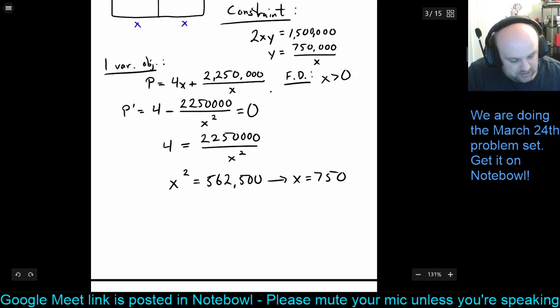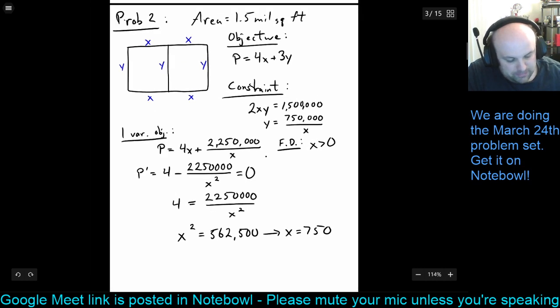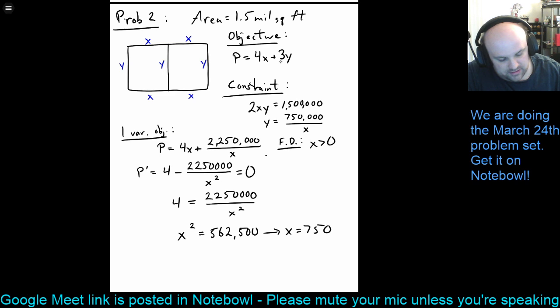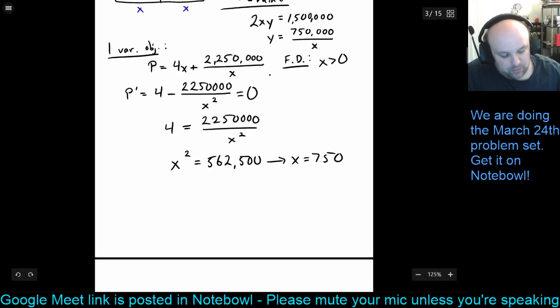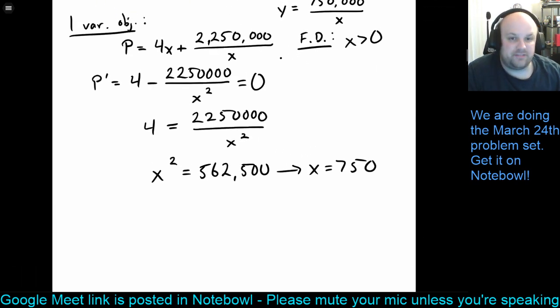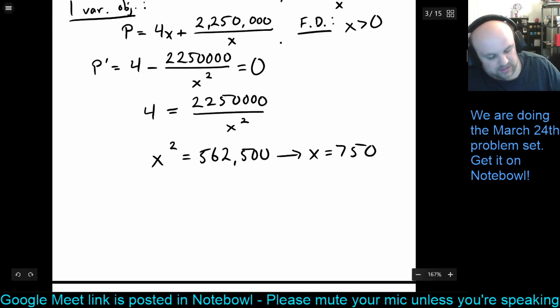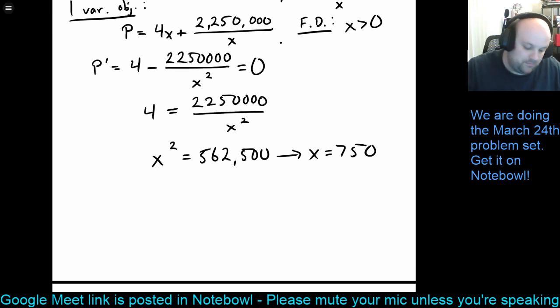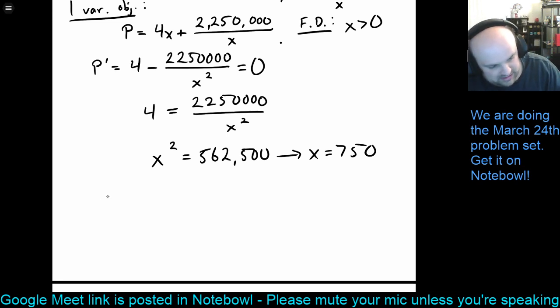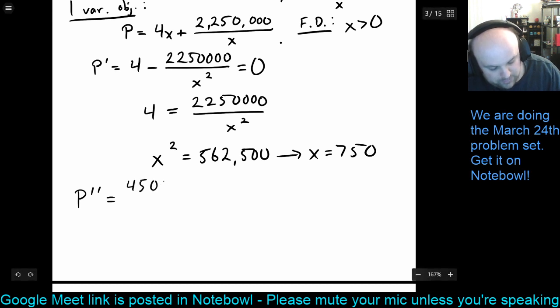Anyway, so let's see, what are we trying to do here? We're trying to minimize this thing here. So we want this to be an absolute minimum at 750. All right, well, let's look at the second derivative here. This is going to be actually just 4,500,000 over x squared.